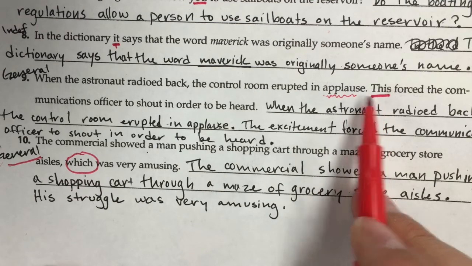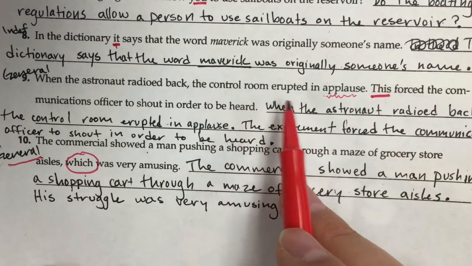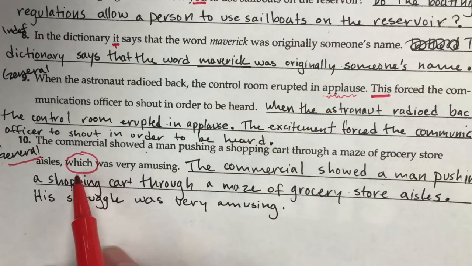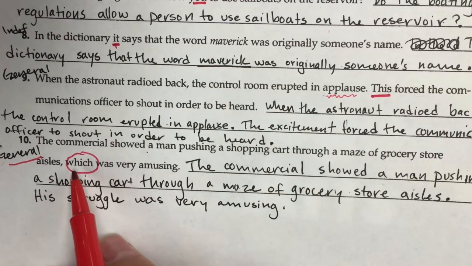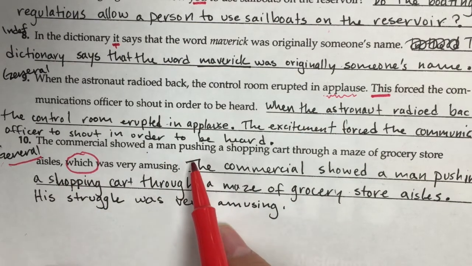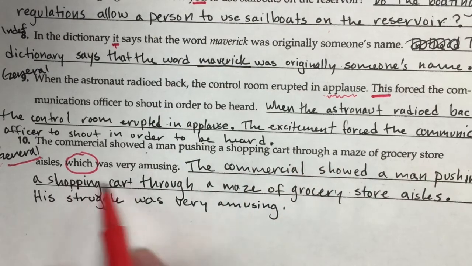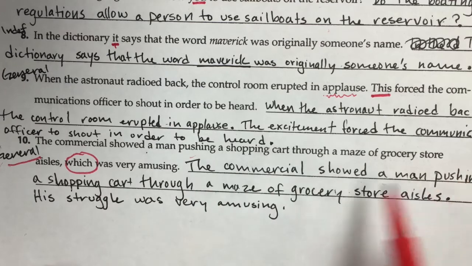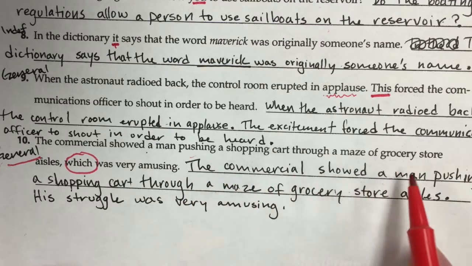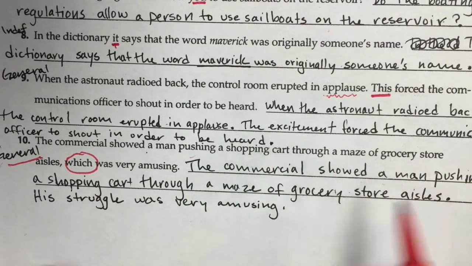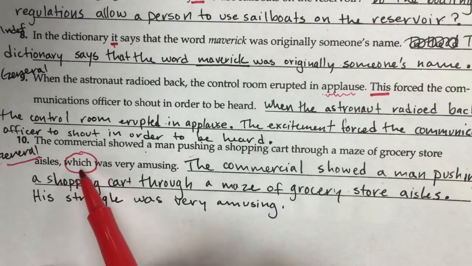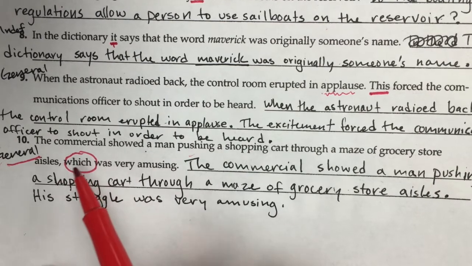Just like how this referred to too much, a control room doing something in a prepositional phrase. Here, this which, it refers to a man, and he's pushing a shopping cart, so we have an object and we have a prepositional phrase. The thing that was amusing was this whole scenario, but we don't have a singular noun here. We have like a subject, a verb, an object, and a prepositional phrase, which can only take the place of one person, place, or thing.